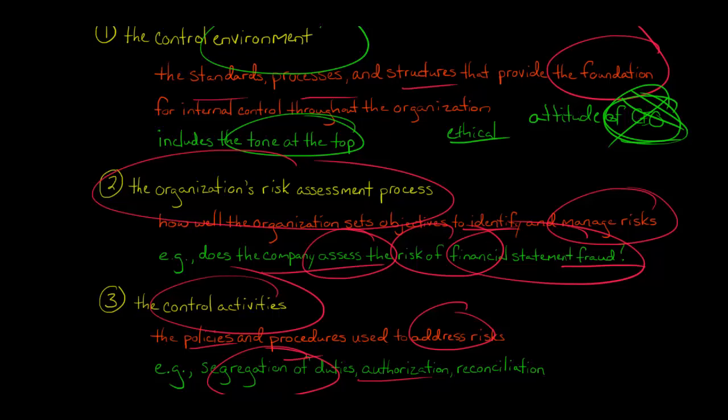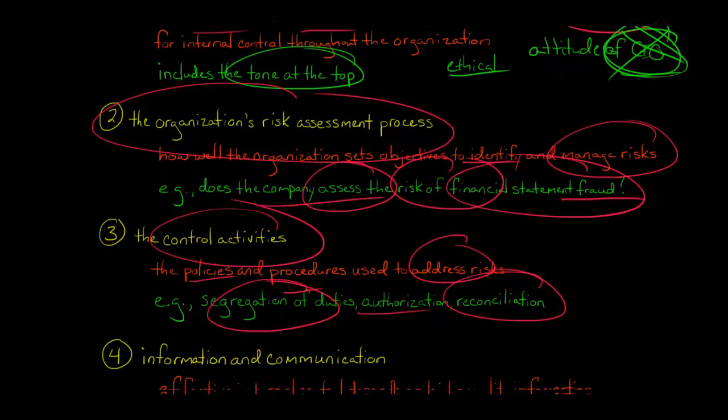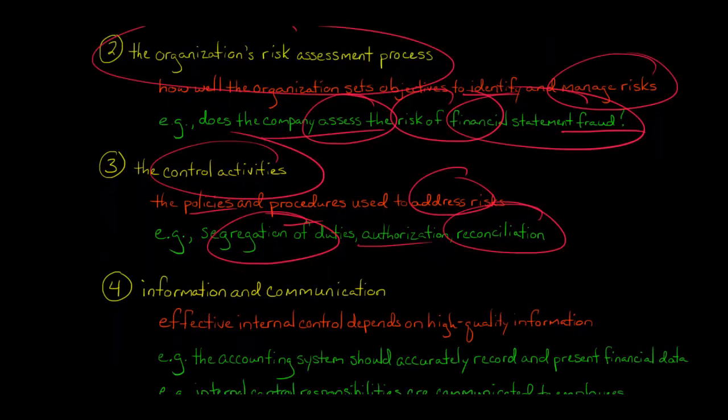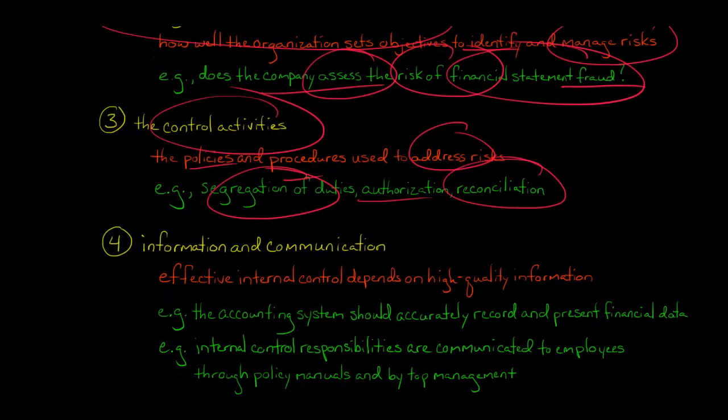Not just anybody can authorize, for example, inventory to be dispersed from the warehouse. Those things are examples of internal controls. Reconciling the company's cash account to the bank balance, and any kind of reconciliation and so forth, those are all examples of internal controls that an organization could set in place to address the risks of financial statement fraud.